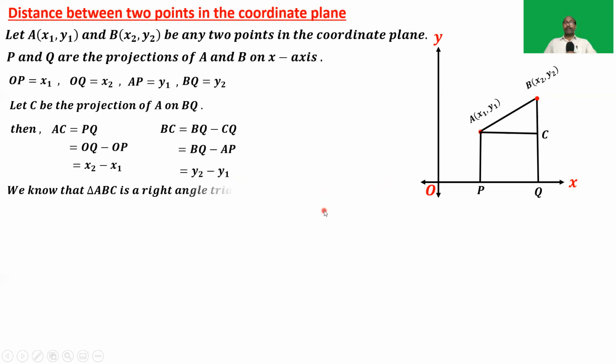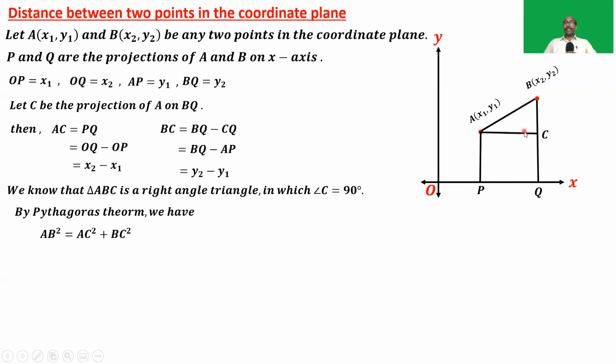Now, students, we can observe that here triangle ABC is a right angle triangle in which angle C equal to 90 degrees. Now, by Pythagoras theorem, we have square on hypotenuse is sum of the squares on remaining two sides. So that AB square is equal to AC square plus BC square.